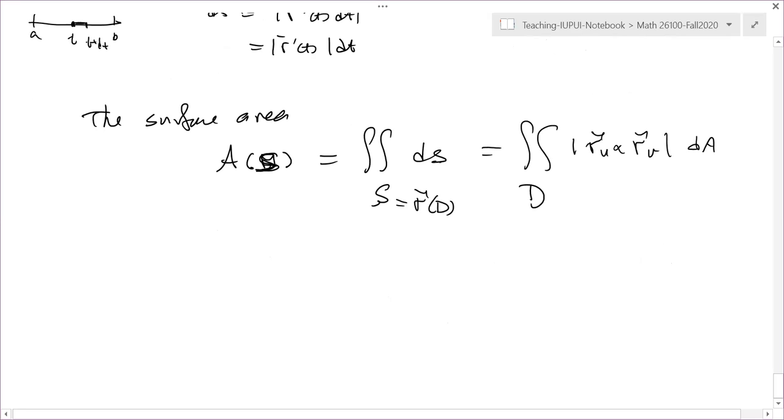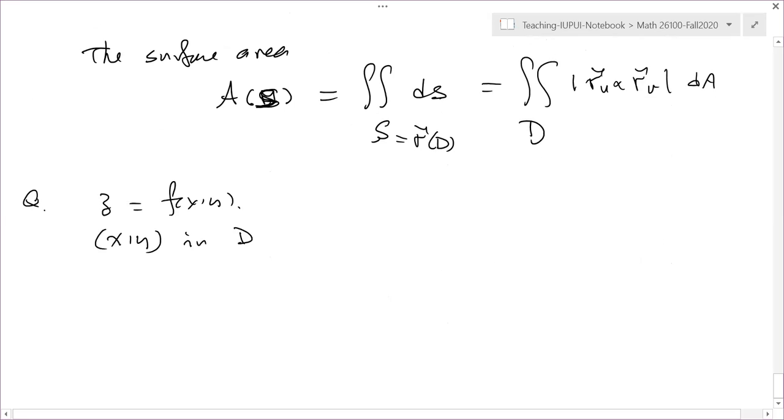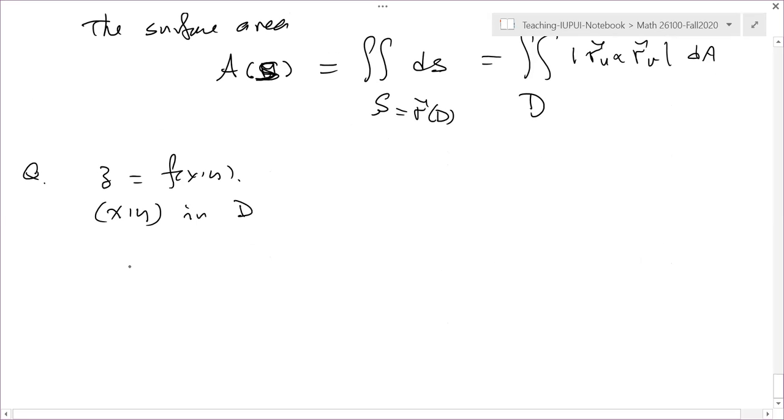All right, let's take a look at some examples, just briefly showing how we get this formula. Here's the example. I want to look at the graph first. x and y are in the domain D in the xy plane.